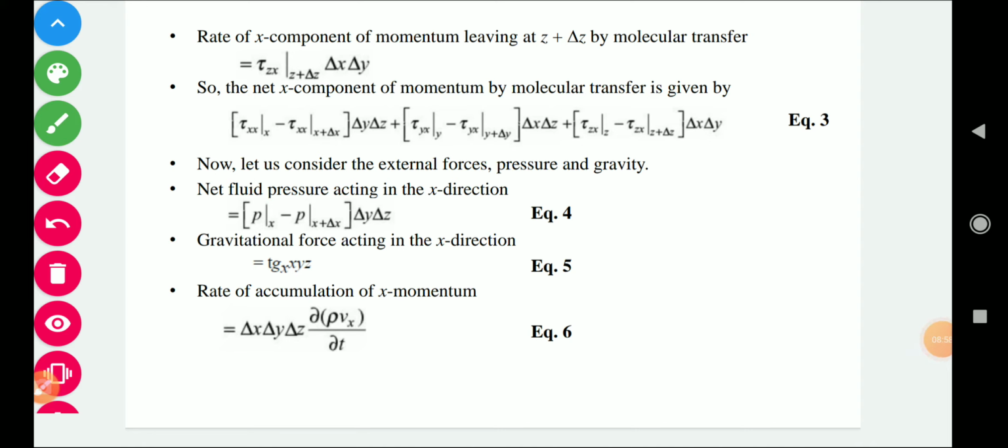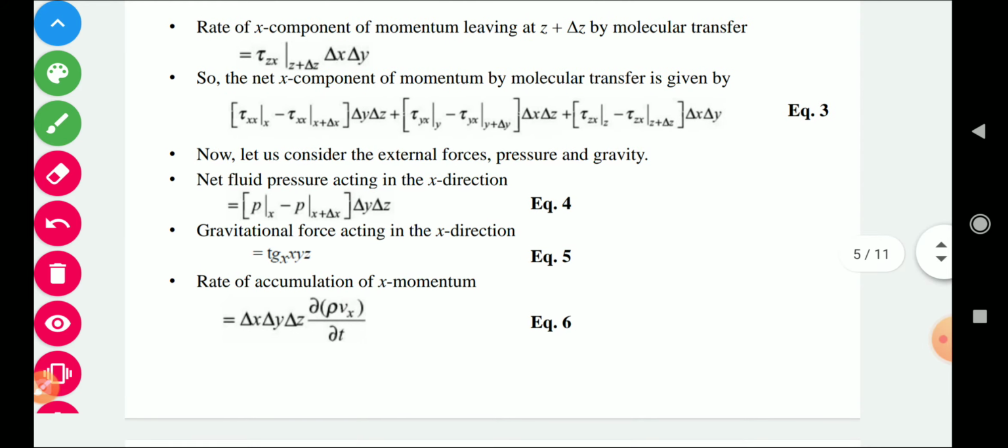Similarly, we can write the gravitational force acting on the control volume and the rate of accumulation of x momentum. So this is del by del t of rho vx, where rho is in kg per meter cube, this one is velocity and this one is the total volume.